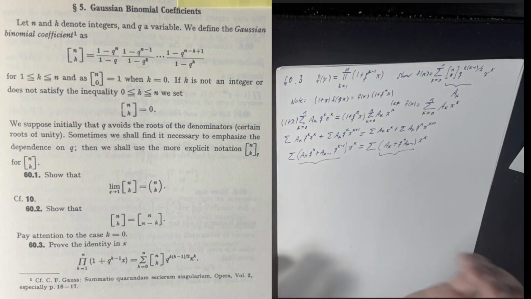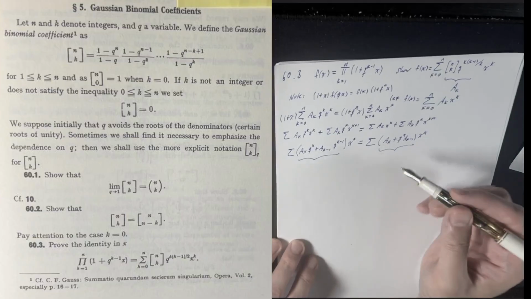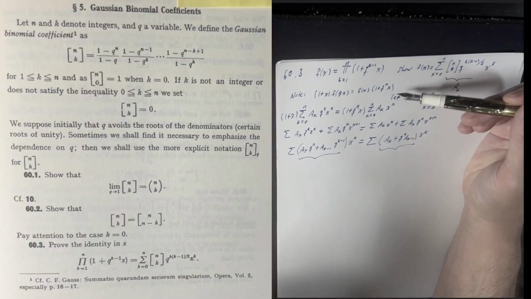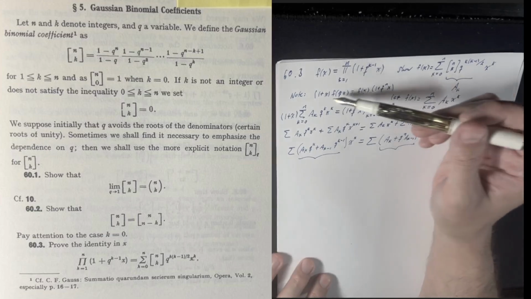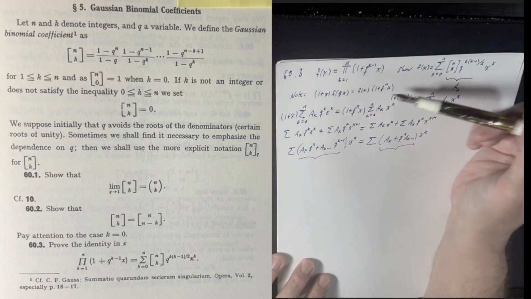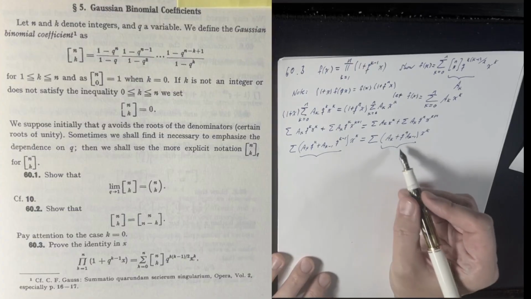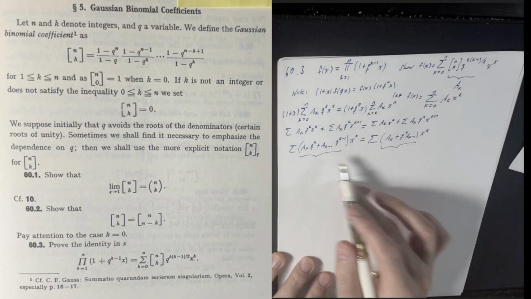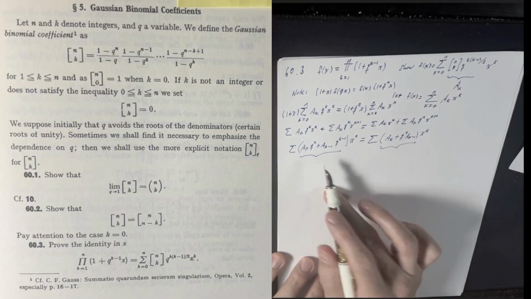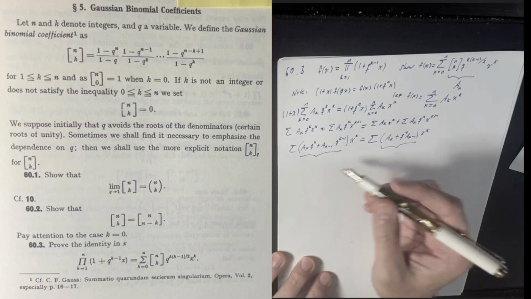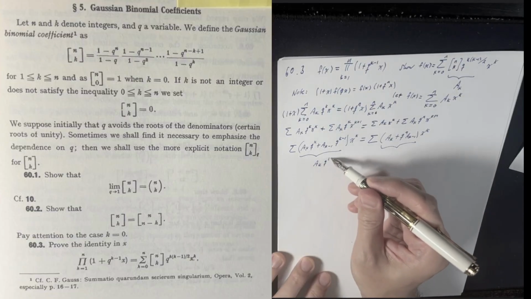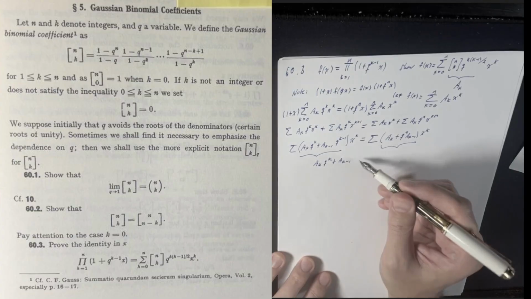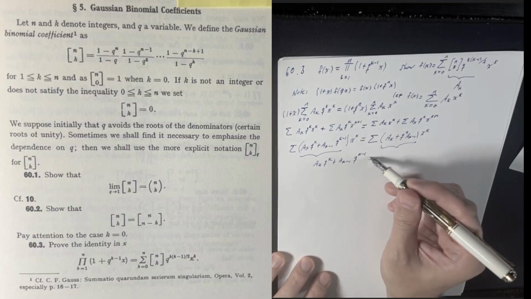So now we've got that recursive relation between the coefficients as well. We started with a functional equation, a recursive relationship between the function and itself, and if you assume it's a power series, that translates to a recursive relation on the coefficients. So we're looking at a_k q to the k plus a_{k-1} q to the k minus 1 equals this junk.